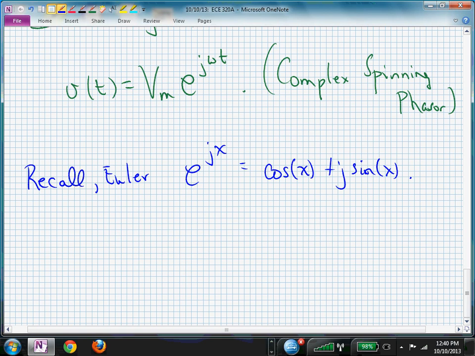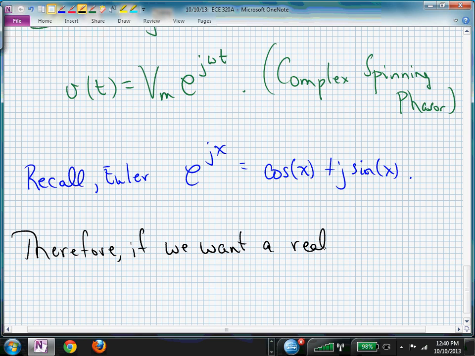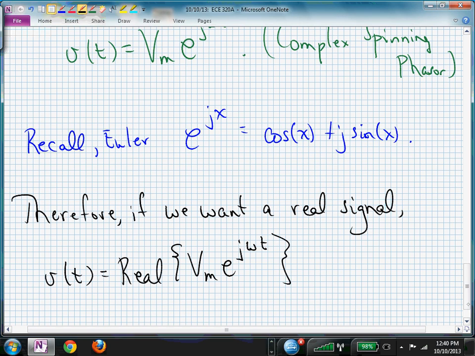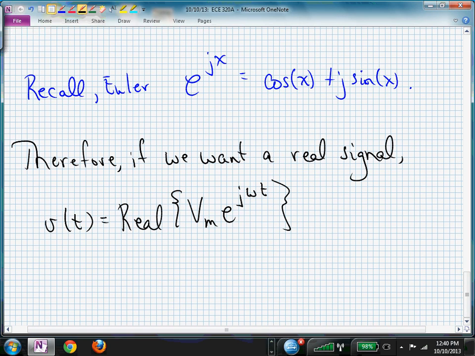Meaning if we now want a real signal, we can make that by simply saying extract the real part of this V sub m e to the j omega t complex spinning phasor.